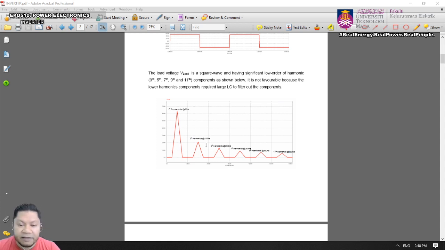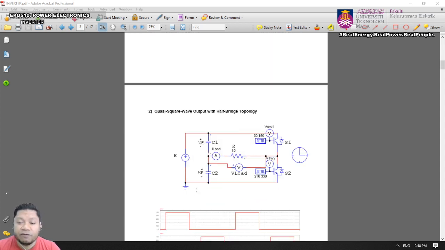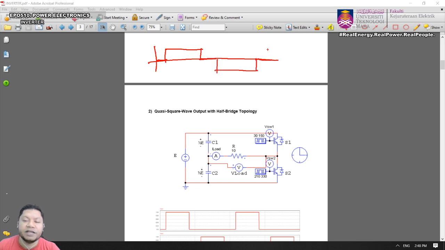So you can think the same for the quasi square waveform, isn't it? We know that the quasi square waveform always has this. We just give you a recall. So this is your quasi square waveform that we learned during the rectifier. Here you have 30 degrees, then 150 degrees, then 210, and 330 degrees there.